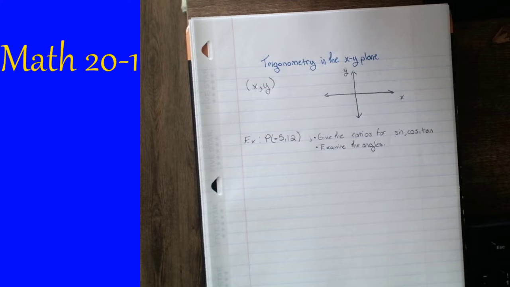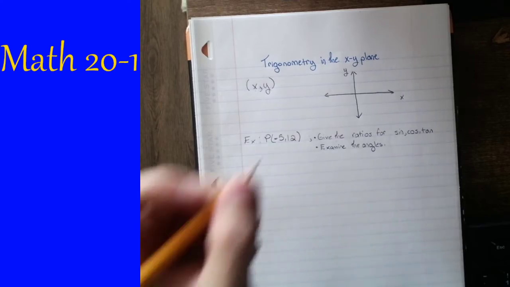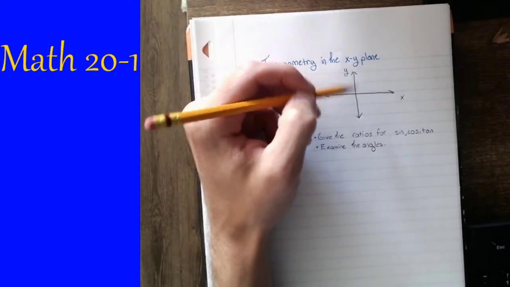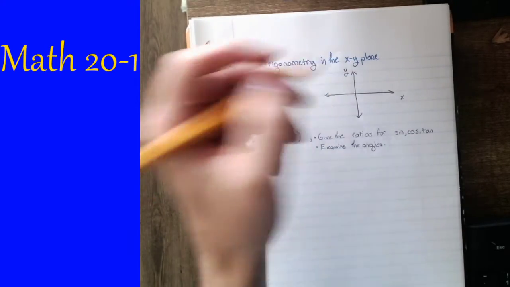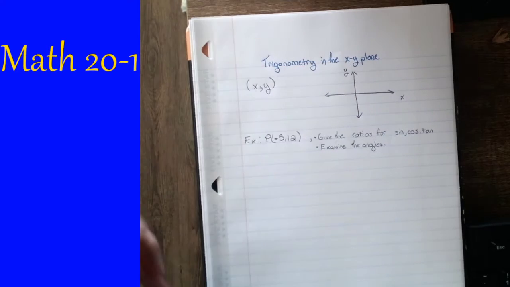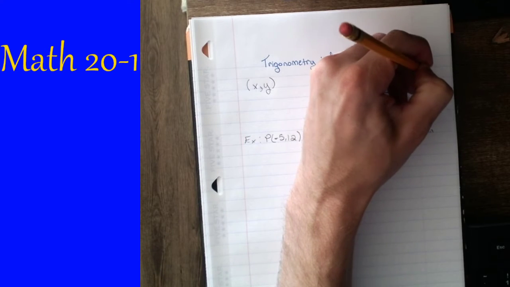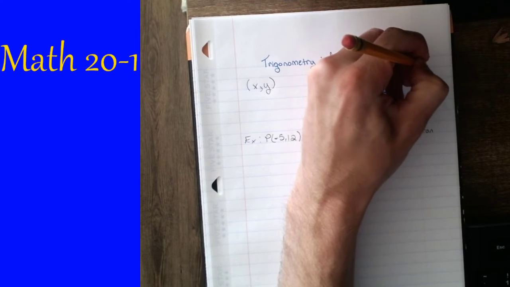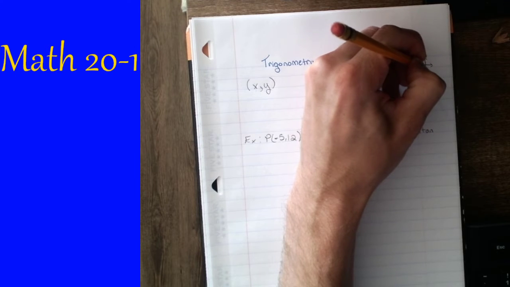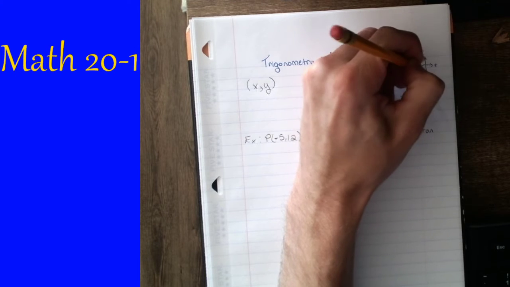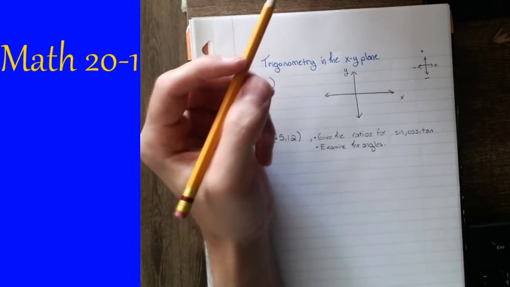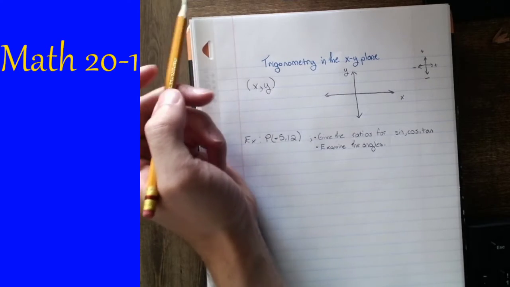So what we want to keep in mind is the x and y plane. Usually this makes a lot of sense, but when I'm working a lot with trigonometry, I'll often draw this and just the positives and negatives of x and y.